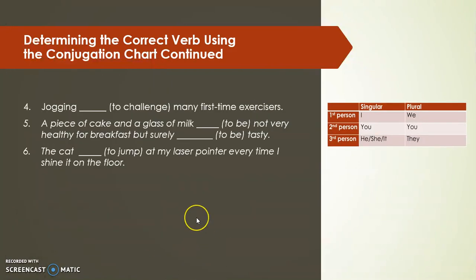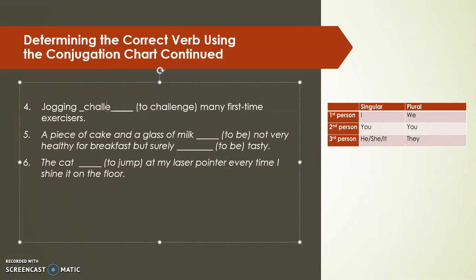All right. Jogging, I told you, is third person singular, it. On the conjugation chart, I am. Also, the word is to challenge. I challenge, you challenge, but he, she, it challenges. So jogging challenges first-time exercisers.